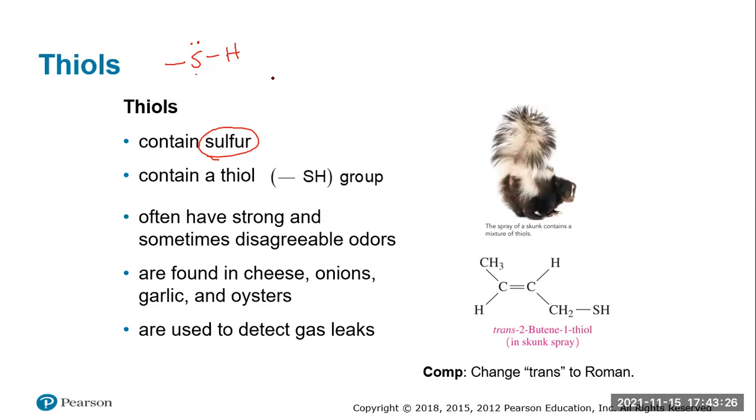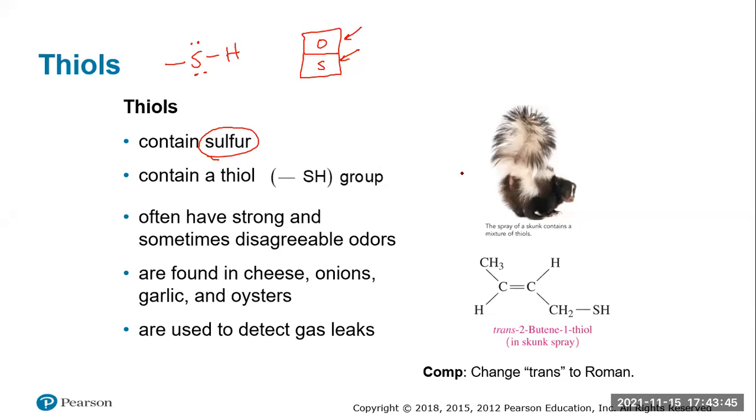It is the SH group. It has similar characteristics to an alcohol, because on the periodic table, that is where oxygen is located, and right underneath it is sulfur. So they do share very similar properties.